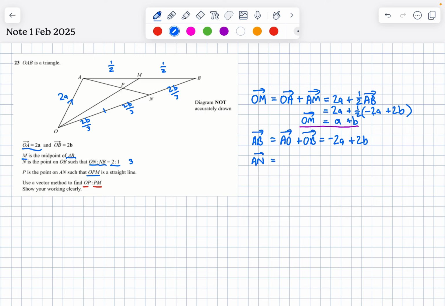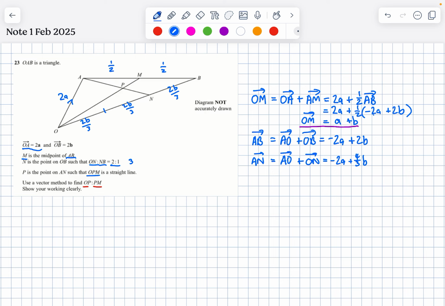So AN is AO plus ON. AO, again, we're going in the negative direction, so that's negative 2A. O to N is going to be 4/3 of B, because I'm not the whole way to B.